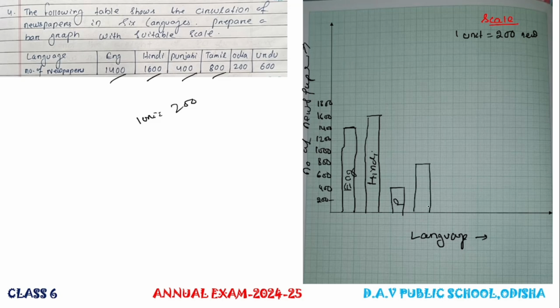And this is Tamil. Then Odia, that is 200, and Urdu 600. Okay. Answer. Next question. All of you clear?